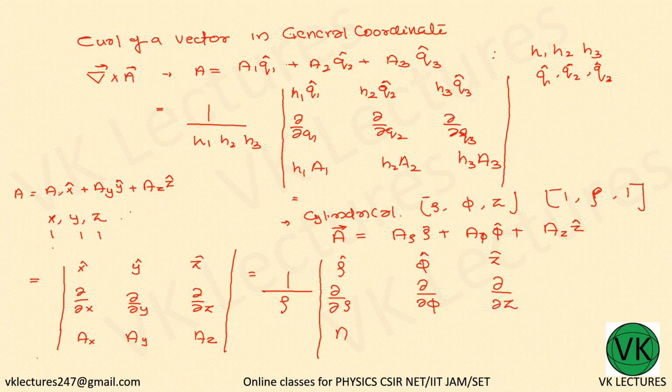This is A rho, that means the component corresponding to the rho coordinate. Then A phi, Az. So this is del cross A, that is the curl of the vector. This is how you find it. Similarly you can find out for spherical polar coordinates what is del cross A.